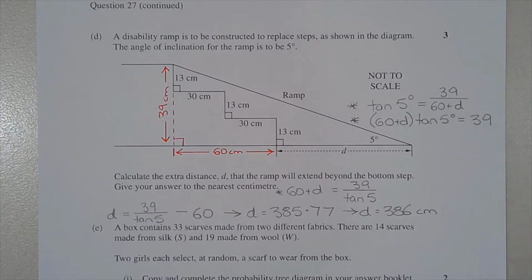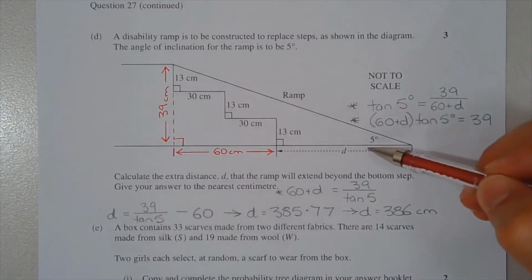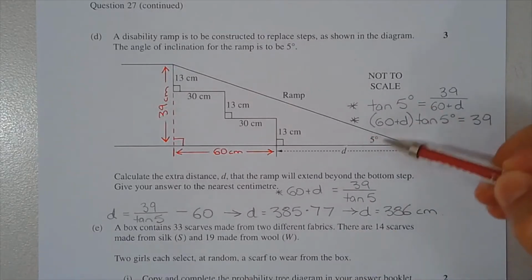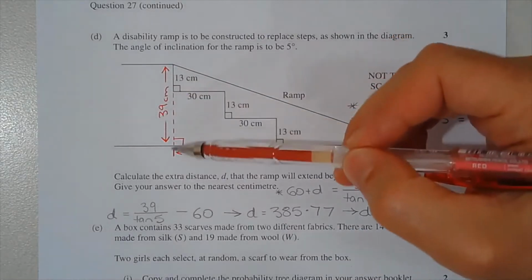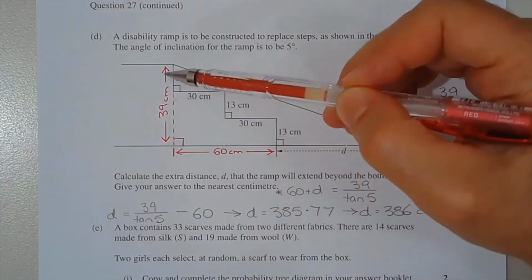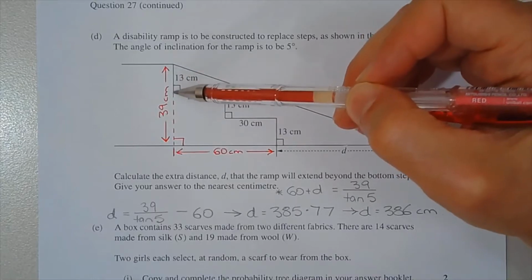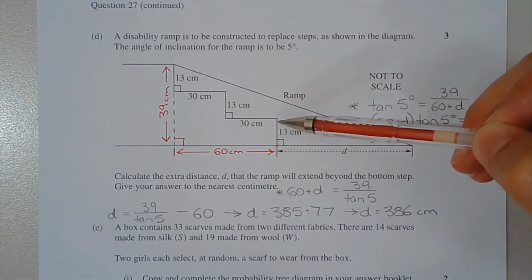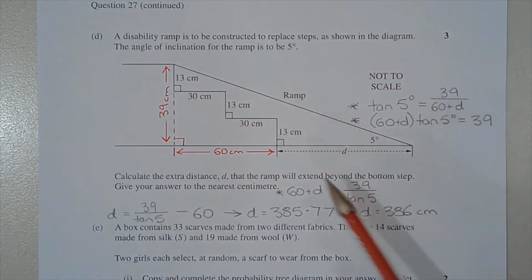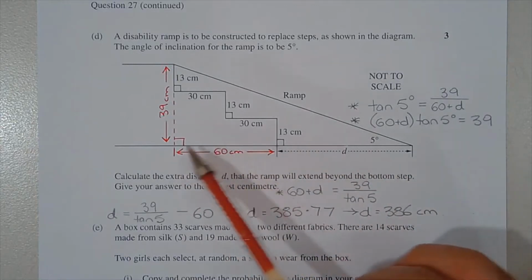A regular right-angled trigonometry problem. So either applying sine, cos, or tan. Now this is our angle theta, which happens to be 5 degrees. This side is the opposite side, this 39 centimeters, and that 39 centimeters comes from the sum of these heights here, 13 plus 13 plus 13 to give us 39. This is the adjacent side.